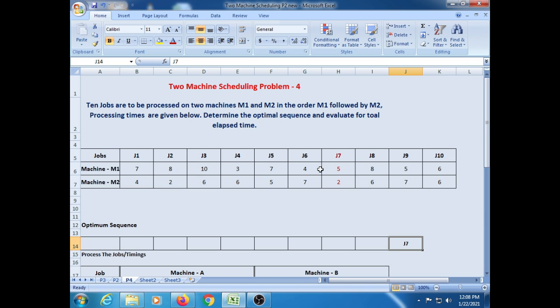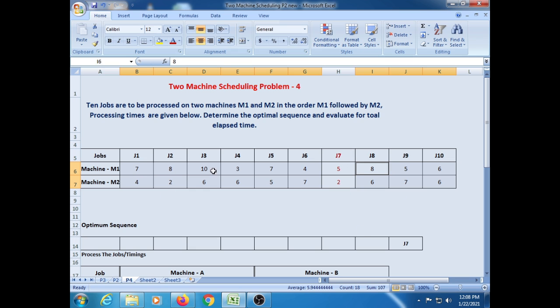So if we leave job 7, we check the processing times again. Which processing time is the smallest among all the processing times if we leave the job 7 processing times?